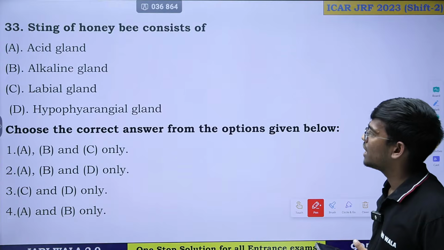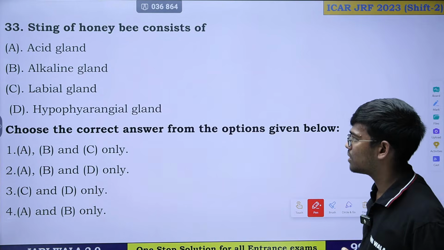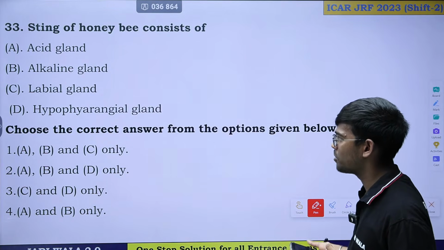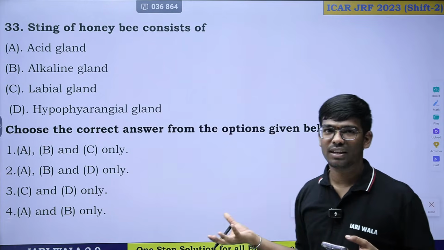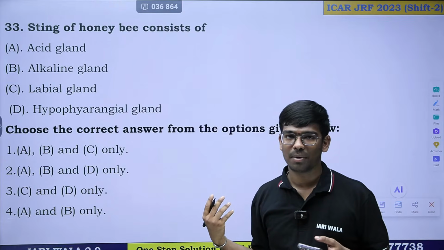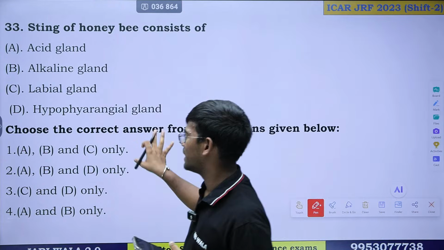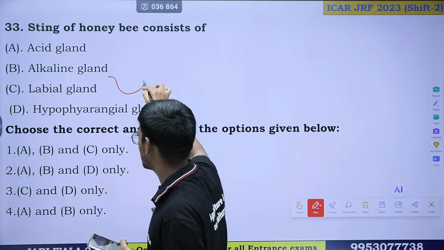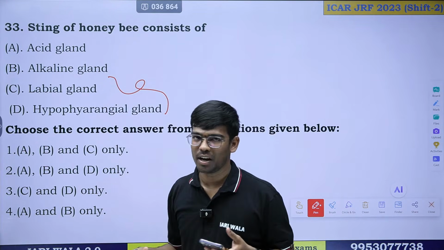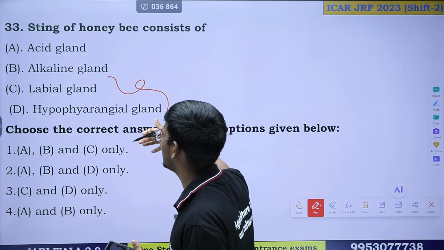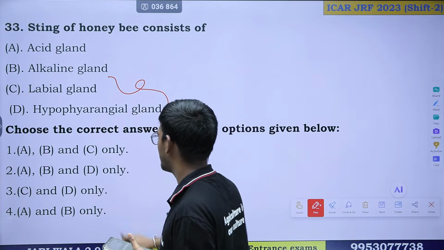And the next one: the sting of honeybees consists of acid gland, alkaline gland, labial gland, hypopharyngeal gland. We know the sting is in the abdominal part, the last part, so you can directly eliminate these two options. Labial and hypopharyngeal glands are usually located in the head portion. The rest are the acid gland and alkaline gland.